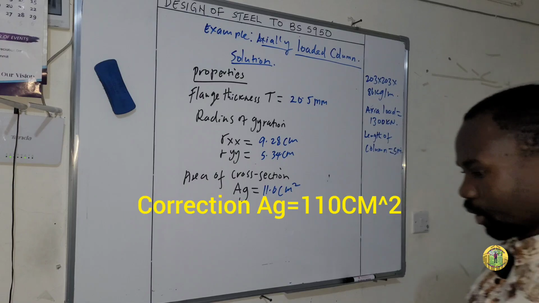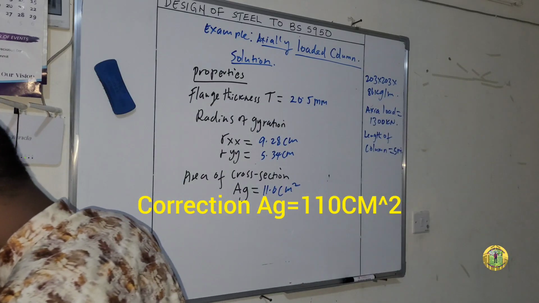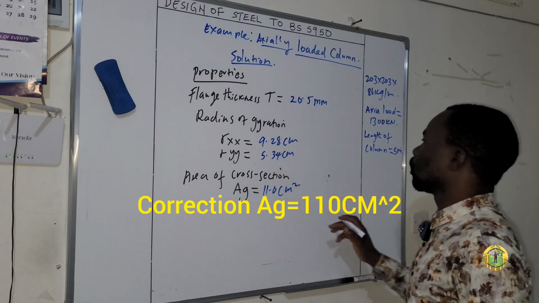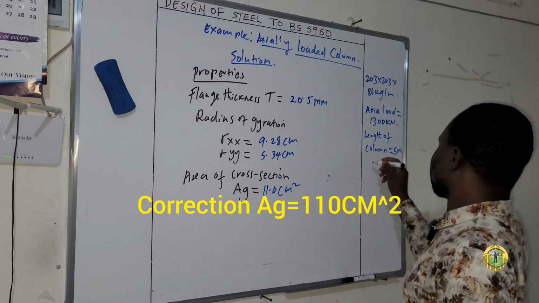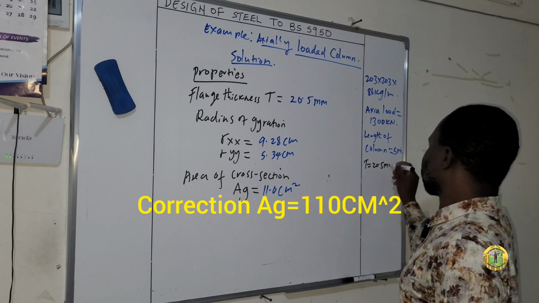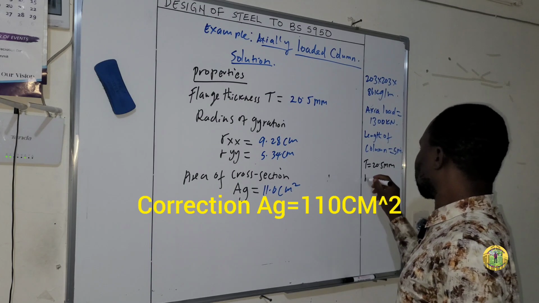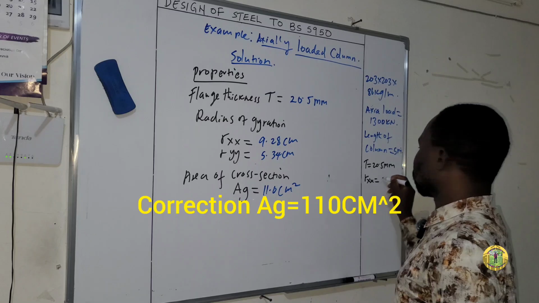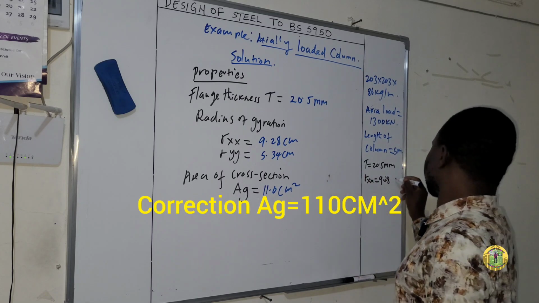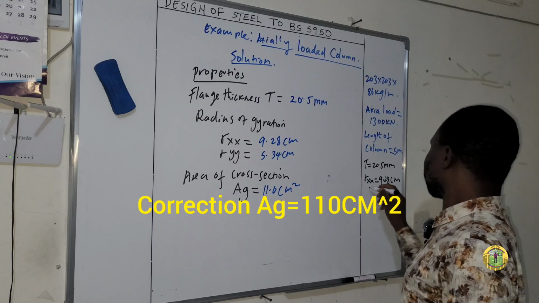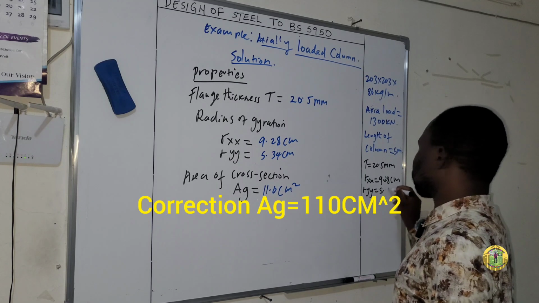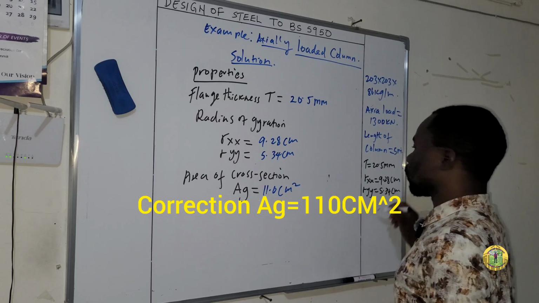So I can come here. I want to write this information on this column so that I can rub here. So T is equal to 20.5 millimeter. RXX is equal to 9.28 centimeter. We have RYY is equal to 5.34 centimeter.